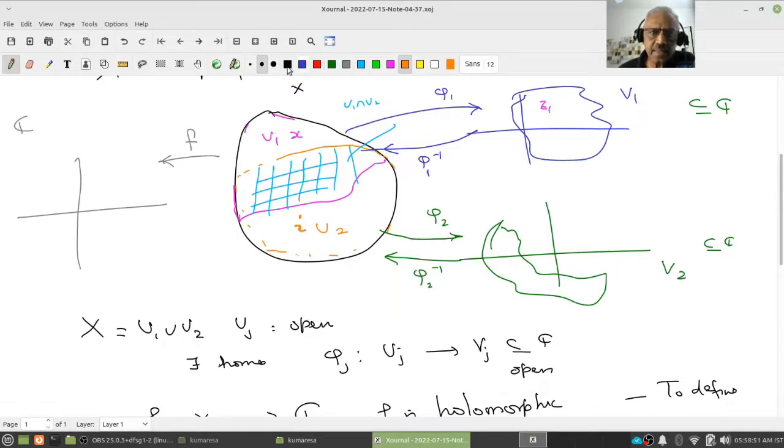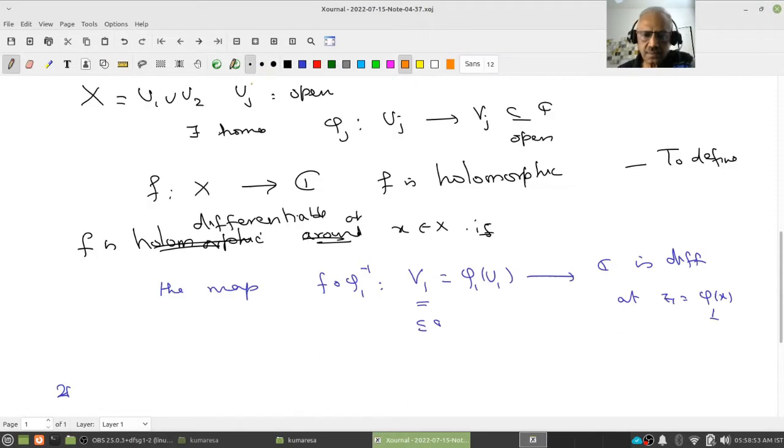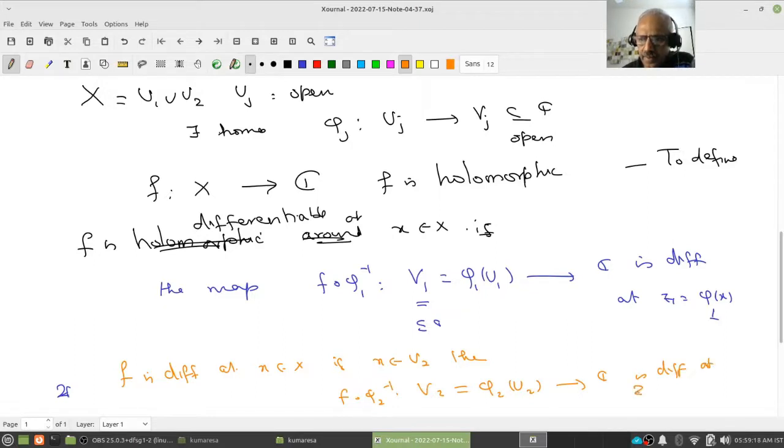Then I can again say f is differentiable at x if x belongs to u2 and f composite phi 2 inverse from v2, which is phi 2 of u2, to C, is differentiable at z2, which is equal to phi 2 of x.